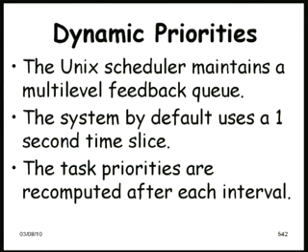Now, let us look at the dynamic priorities. I think we are adjusting our time today. Since this is an important issue, the dynamic priority handling in Unix, we need at least 15 minutes of discussion. Why dynamic priorities are needed, what is the advantage, and do we need this in the real time situation?